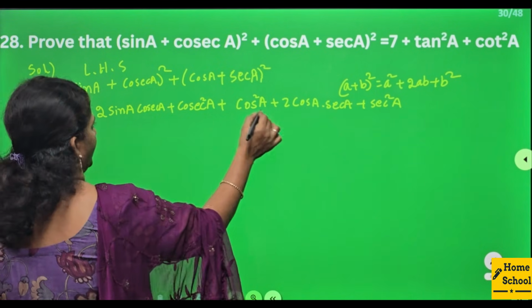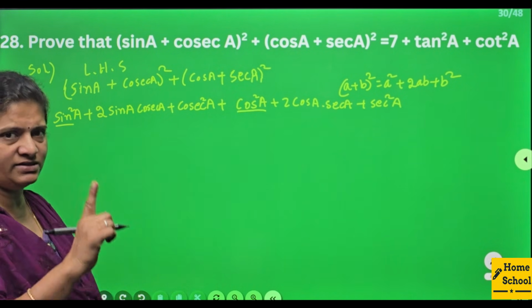We know by identity sin² θ + cos² θ is 1.